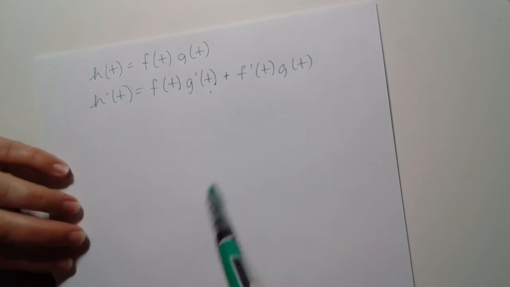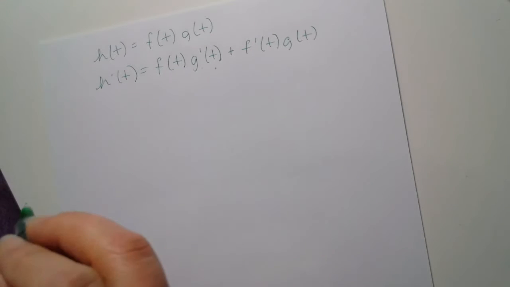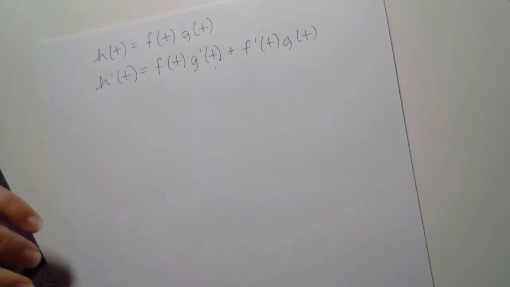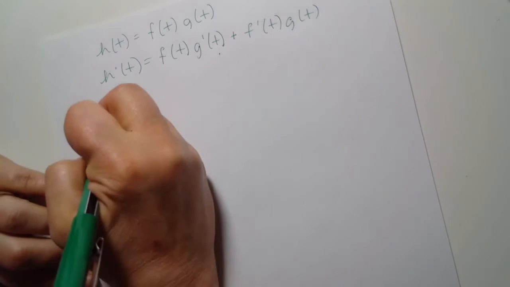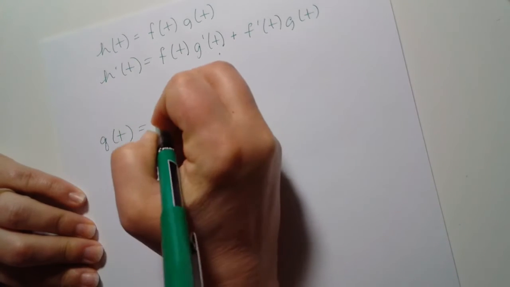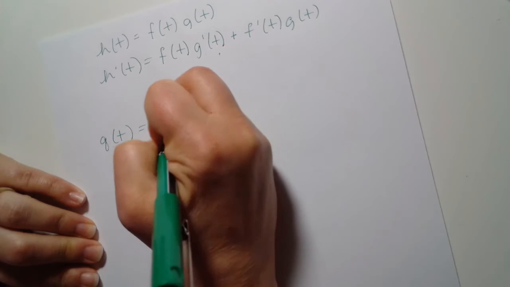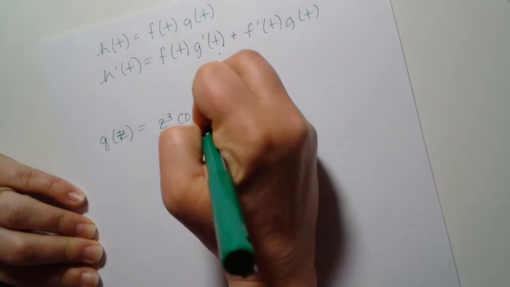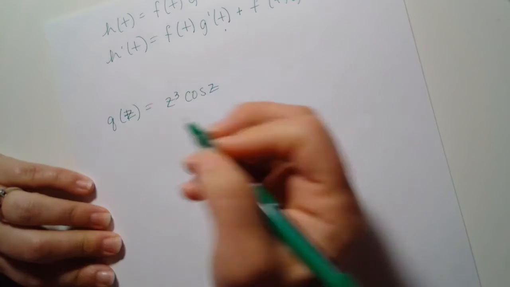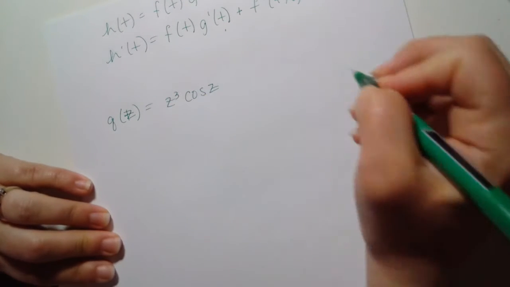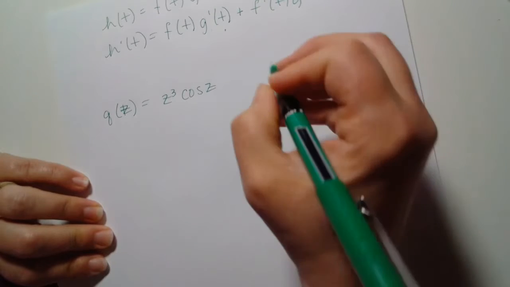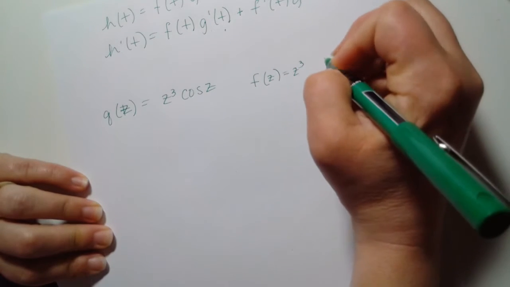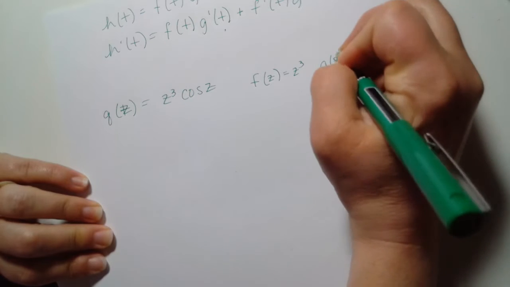All right, so let's just use this. Let's say we have q of z equals z cubed times cosine of z. If I'm going to use this in this particular case, I'm going to write it out formally here. I'll say that my f of z is z cubed, and my g of z is cosine of z.